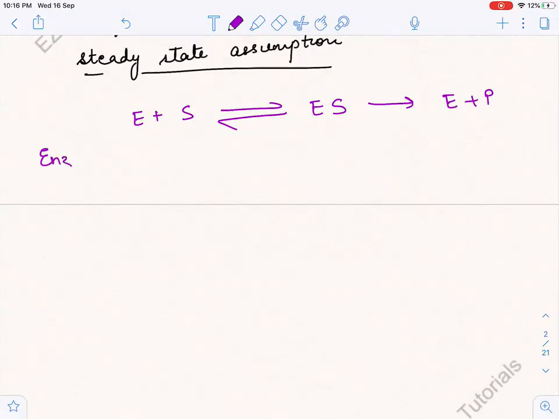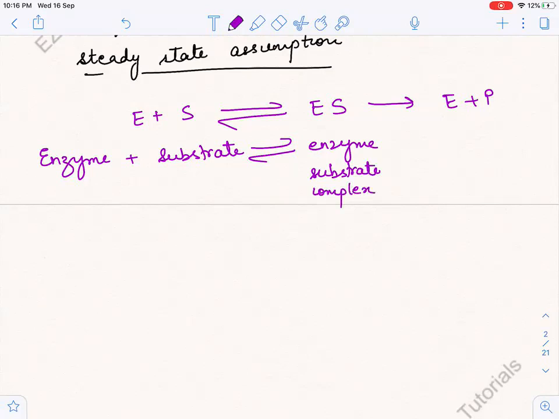Let's write it: enzyme plus substrate, enzyme substrate complex. Remember this, when we derive we will use it many times. And enzyme plus product. So now we know what is E plus S.